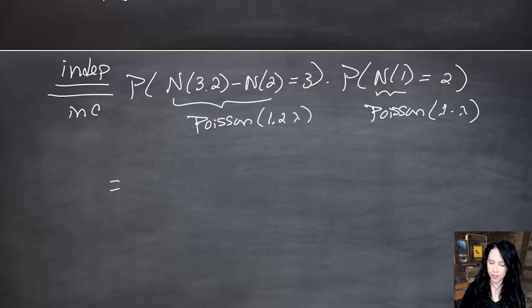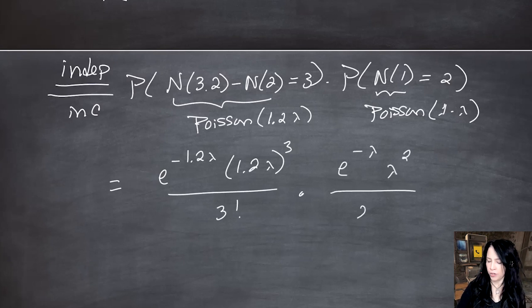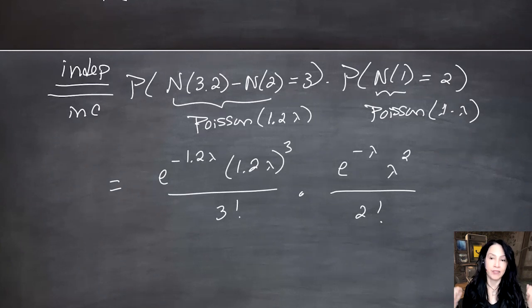So the answer here is going to be e to the minus 2.2 lambda, 2.2 lambda to the third over 3 factorial times e to the minus lambda, lambda squared over 2 factorial. So definitely taking advantage of independent increments all the way.